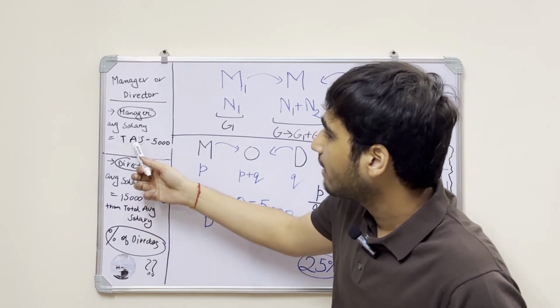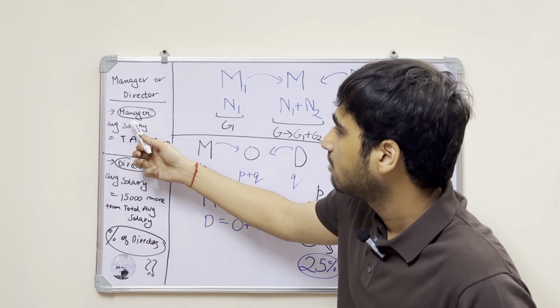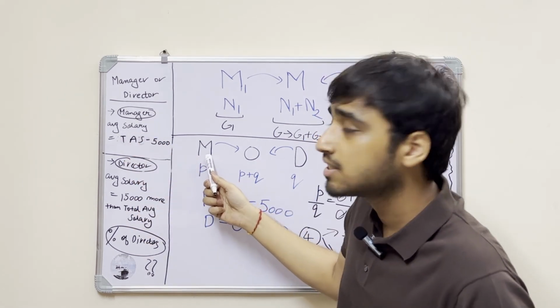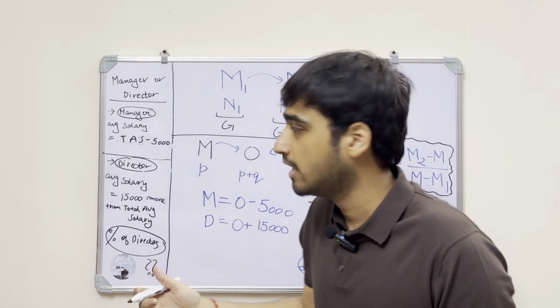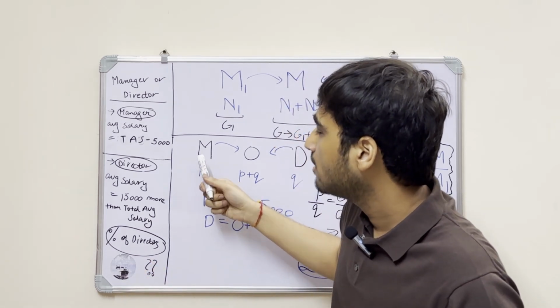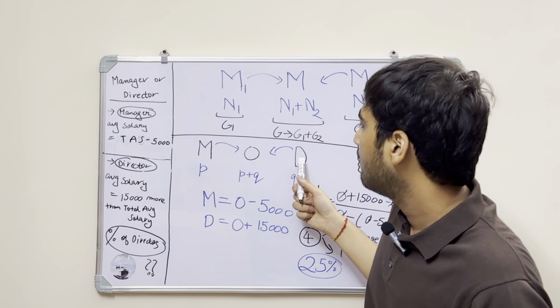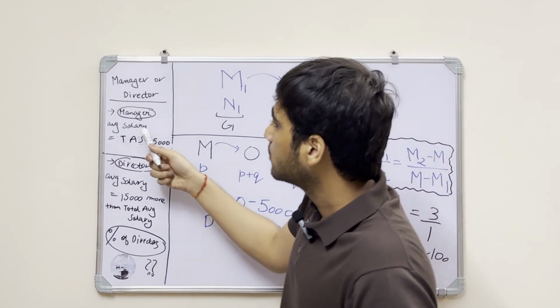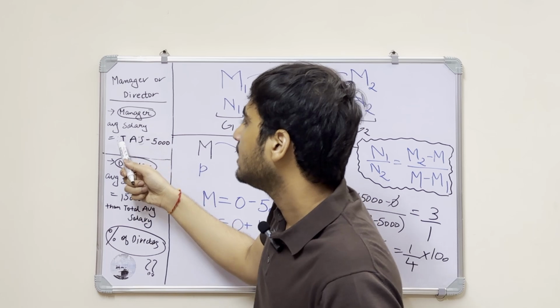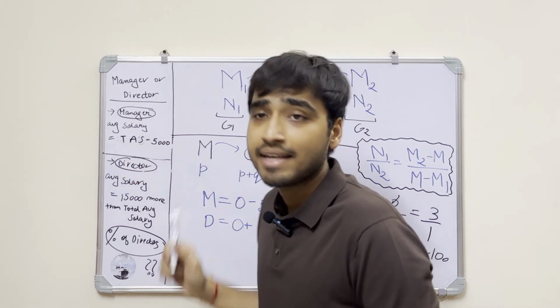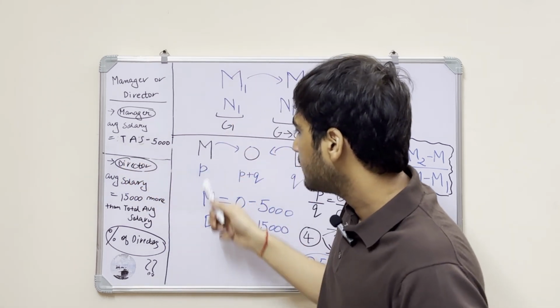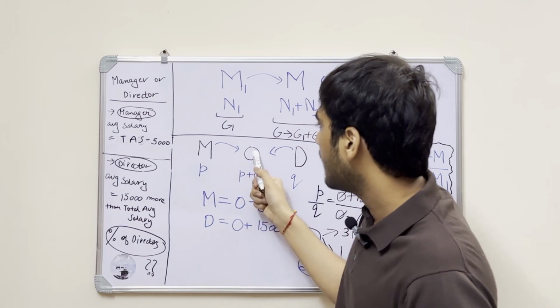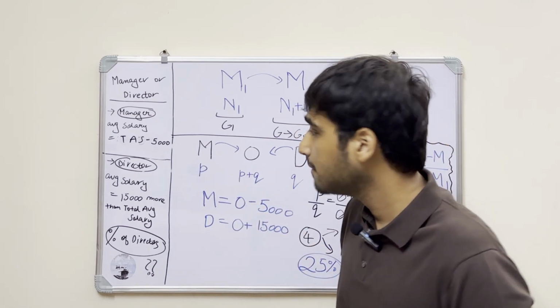So we were given in the question that the average salary of manager, which is M, this is the mean, right? Mean or average is the same thing. So for manager, the average is M, for director, the average is D, and for the entire organization, the average is O. So manager average salary M is equals to total average salary, which is O minus 5,000, right?